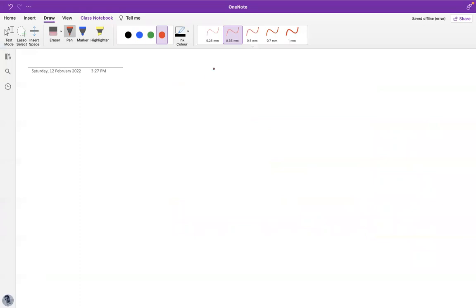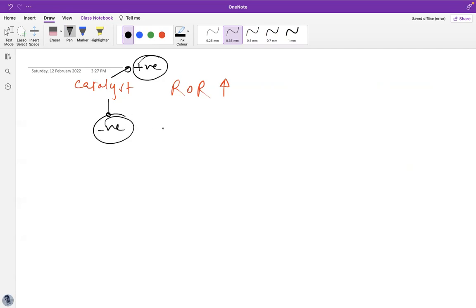Listen, I told you that in equilibrium as well, a catalyst always increases the rate of reaction if you have a positive catalyst. If you have a negative catalyst, then the rate of reaction will decrease. And if the rate of reaction increases, activation energy decreases. And if the rate of reaction decreases, activation energy increases.